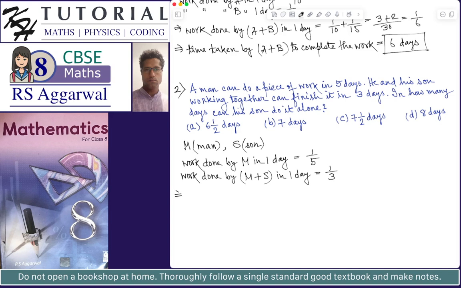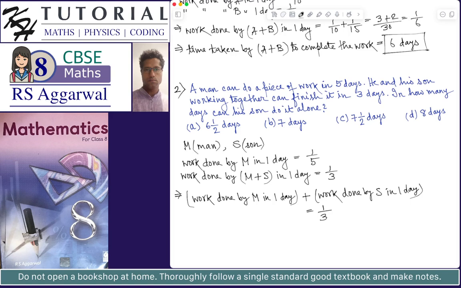Now work done by M plus S in one day means work done by M, that is the man, in one day plus work done by S, that is son, in one day. This is equal to 1 by 3.